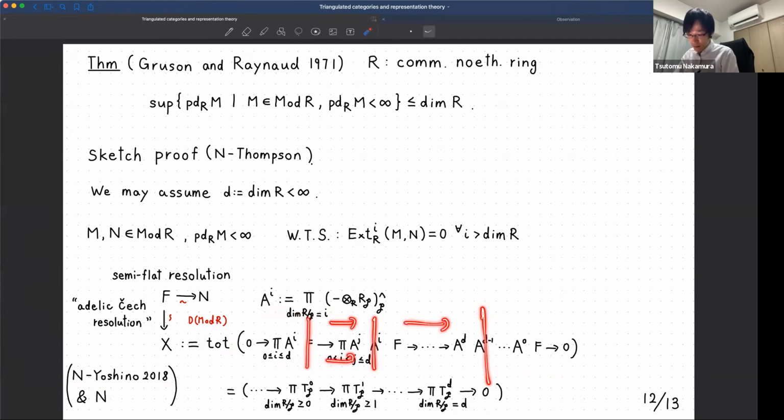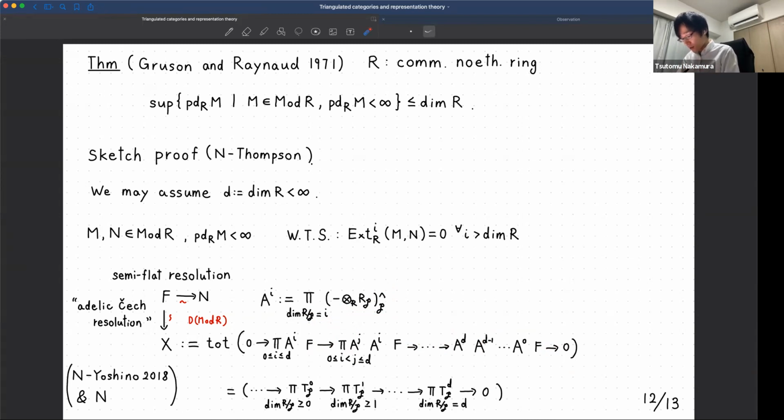So we get a double complex in this way. But A^i is the direct product of the composition of localization and completion, where p runs through all prime ideals of R having this condition. And the canonical differential comes from the standard sign rule of the Čech complex.